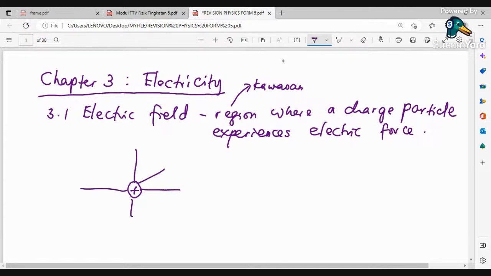Direction of electric field, we represent it with a line with arrow. Direction of electric field is always positive to negative.